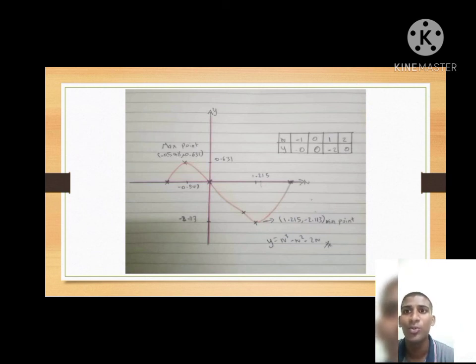We do the same thing for the rest of the points. Finally we have plotted all the x marks, and then we join the x marks by freehand. So we finally finish our graph for this equation.